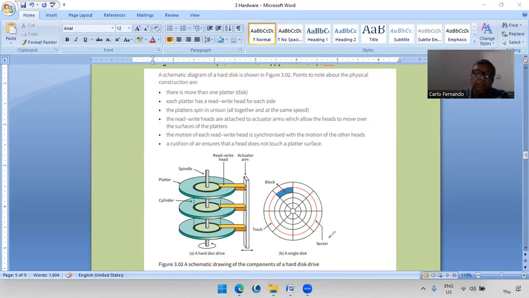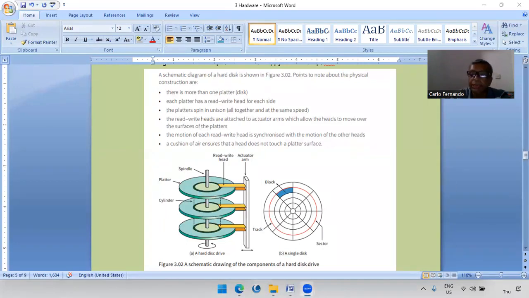So if the head falls onto this place and it affects the boot sector, then you have to throw this hard disk away because you can't do anything. Even to correct it or repair it, you can't do anything because the computer doesn't start with that. So you have to throw it away. That is why it doesn't touch. Make sure that it doesn't touch.